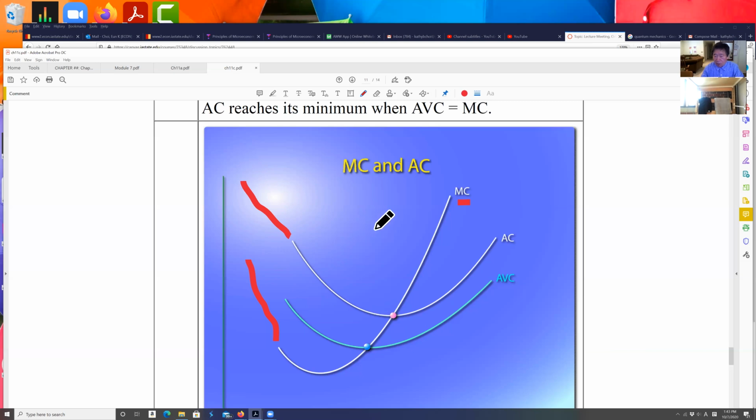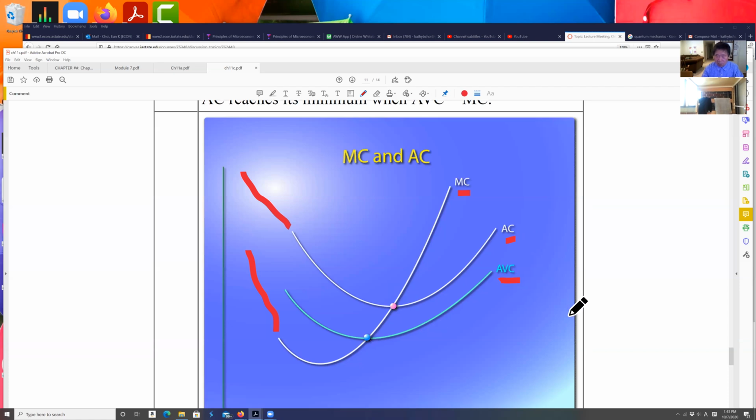Okay, so all these three cost curves are U-shaped. The marginal cost curve goes through the bottom or minimum point of the average cost curve, and also the bottom point of the average variable cost curve. Okay.